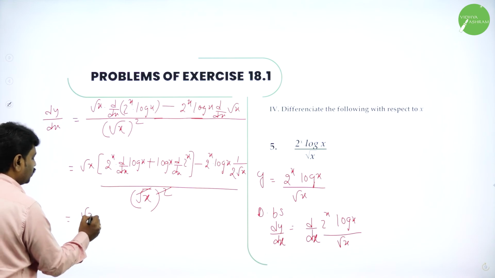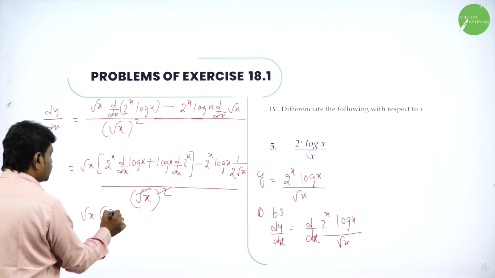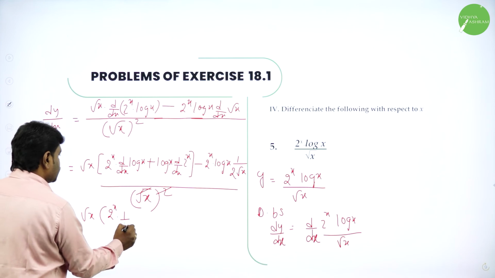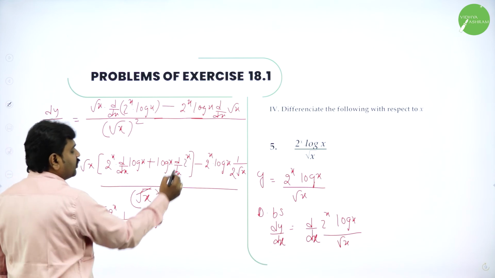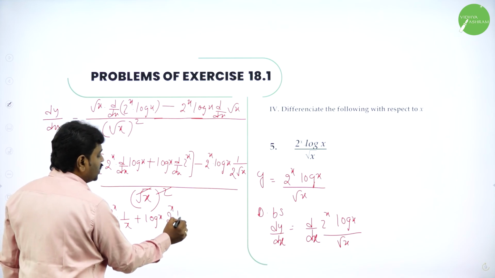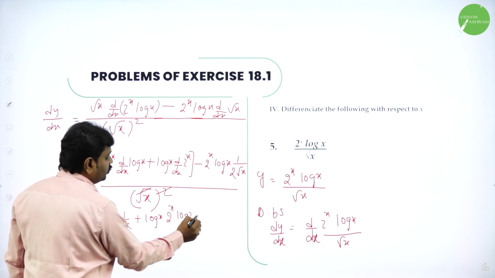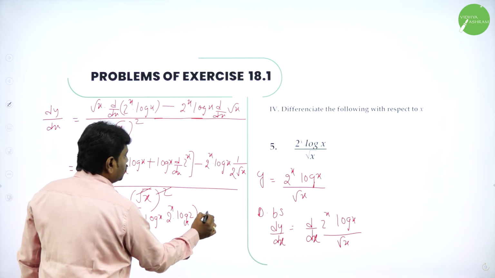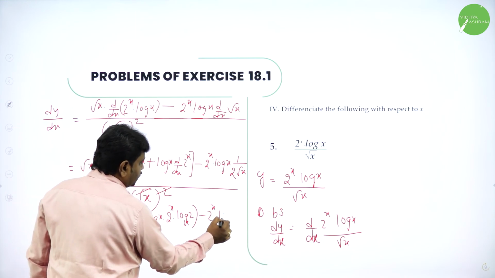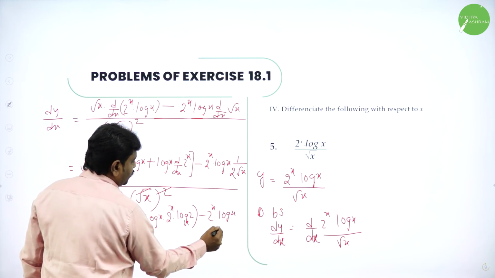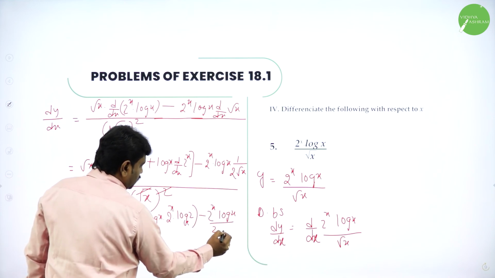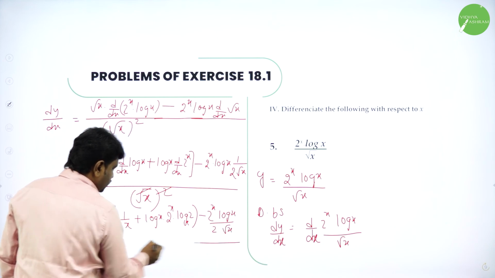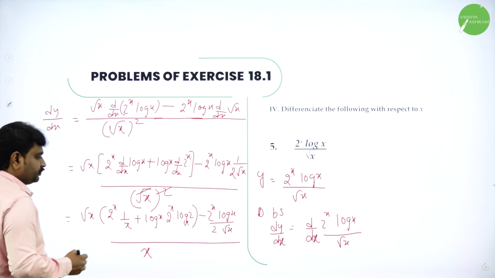We are left with root x into 2 power x, d by dx of log x is 1 by x, plus log x into d by dx of 2 power x. a power x derivative is a power x log a, so 2 power x is 2 power x log 2, minus 2 power x log x divided by 2 root x, all divided by x.